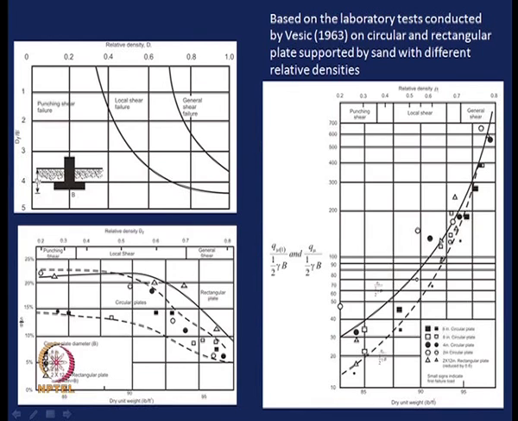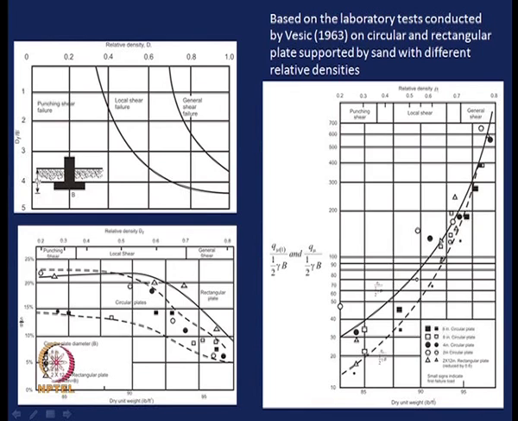Here we can see the smaller sign indicates the first failure point, which is observed in the case of local shear and punching shear failure, but not in general shear failure, and the bigger one is the ultimate failure load.